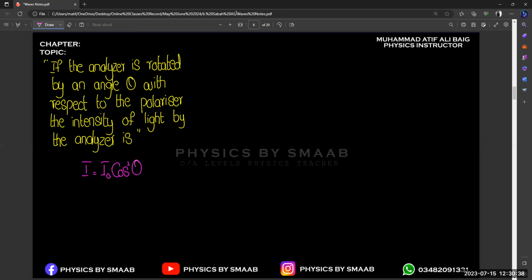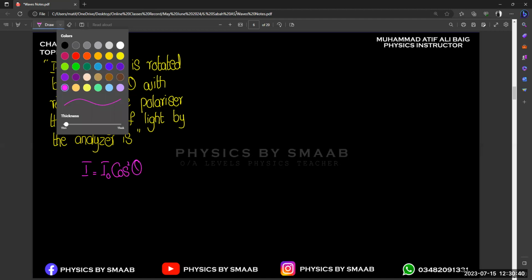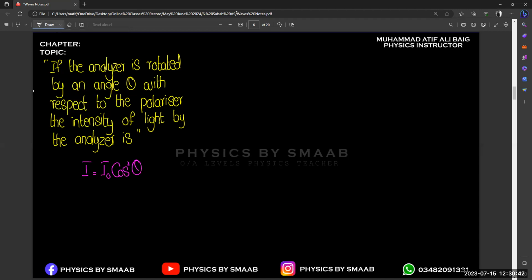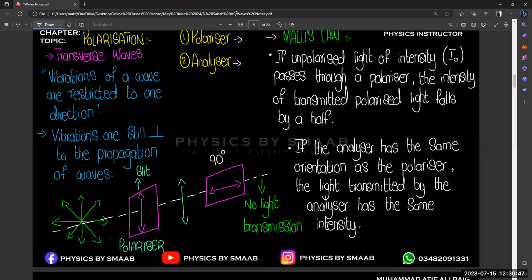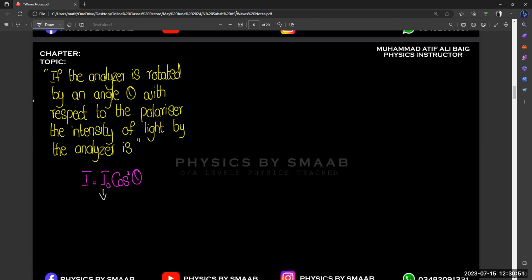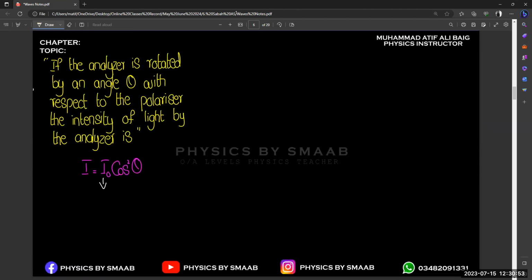And you know that I naught is the maximum intensity, because we already discussed in the initial statement the unpolarized light of intensity I naught. So I naught is the maximum intensity, because this is the original value of intensity, and the I on the left side is the value of transmitted intensity or final intensity, right?